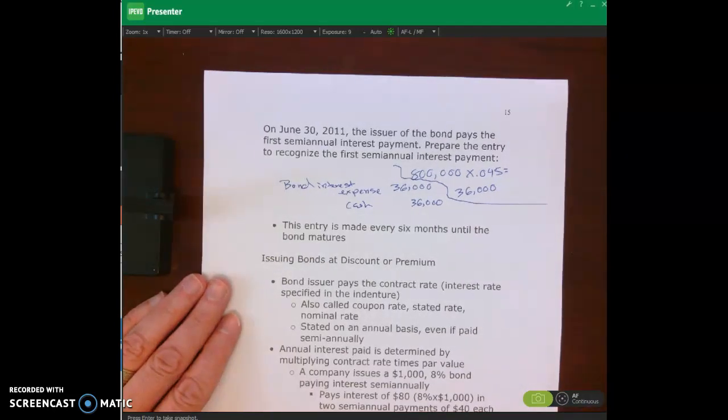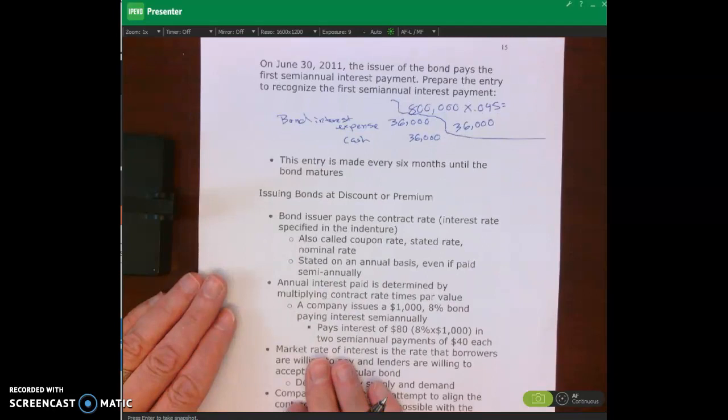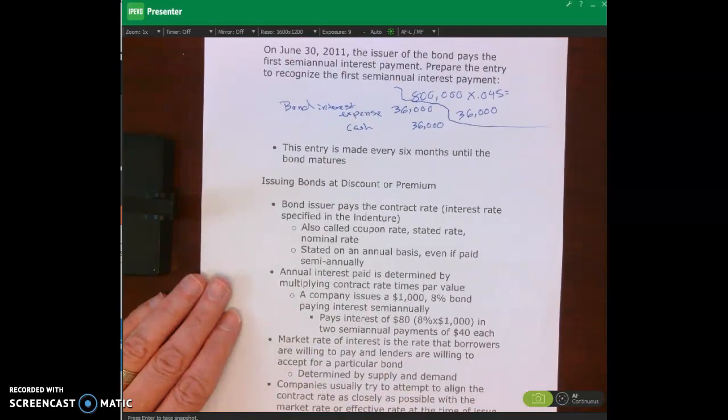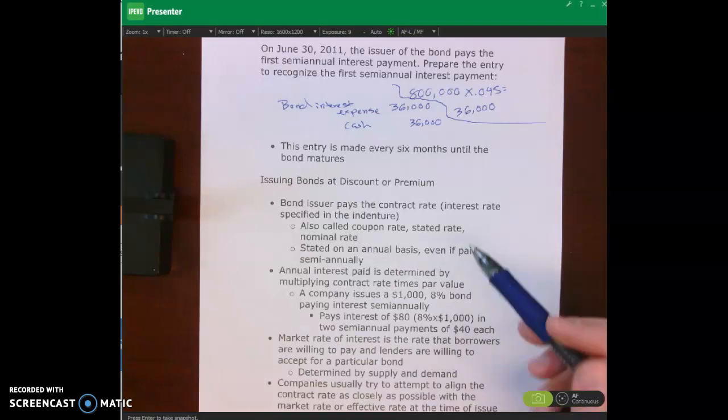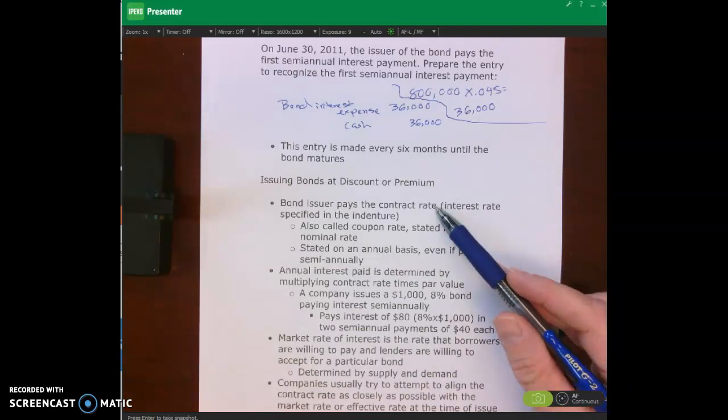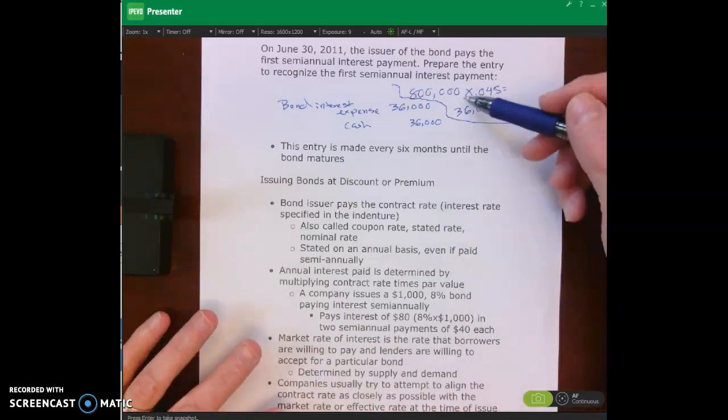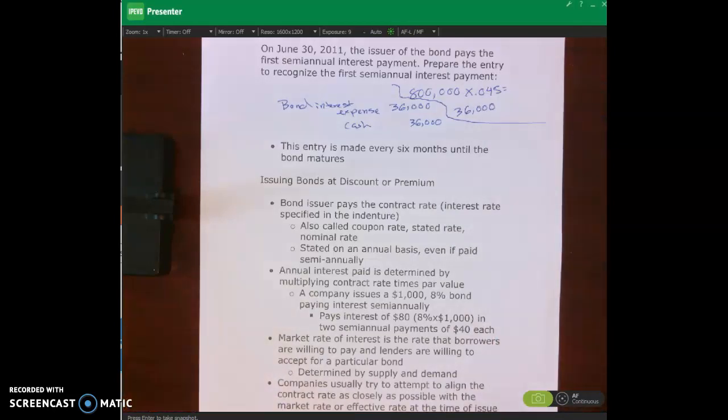Recall that when we issue the bond, we have to say what the maturity date of the bond is. We need to say what the par value is of the bond. But we also need to say what our contract rate is. And as we saw in this problem, our contract rate was 9%.